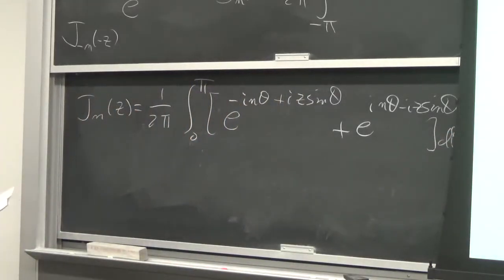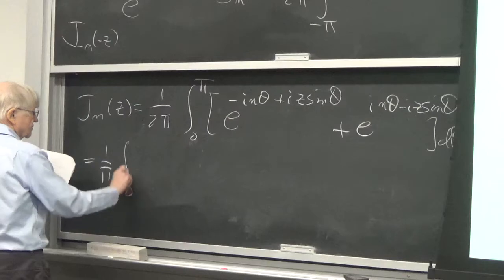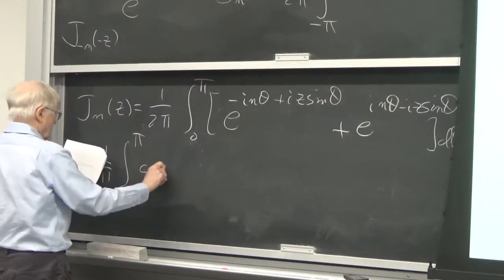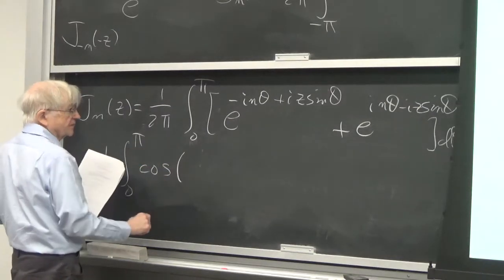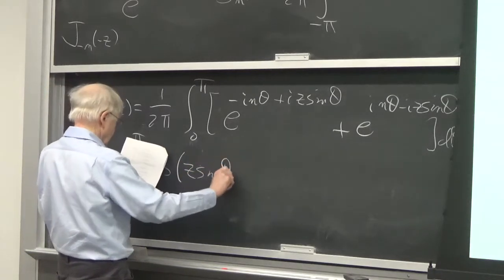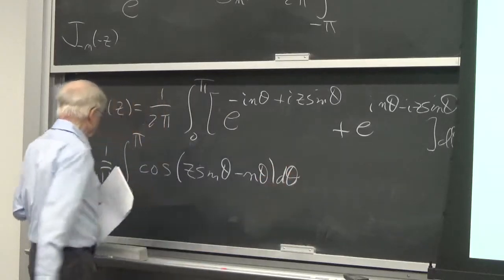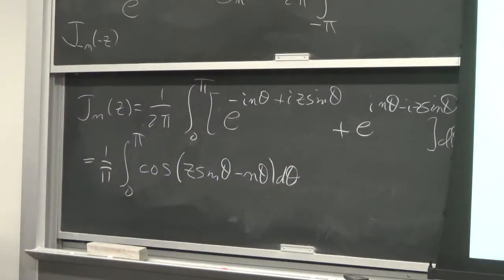And now this you can recognize as a cosine term. So this is 1 over pi, integral 0 to pi, cosine of z sine theta minus n theta, d theta.